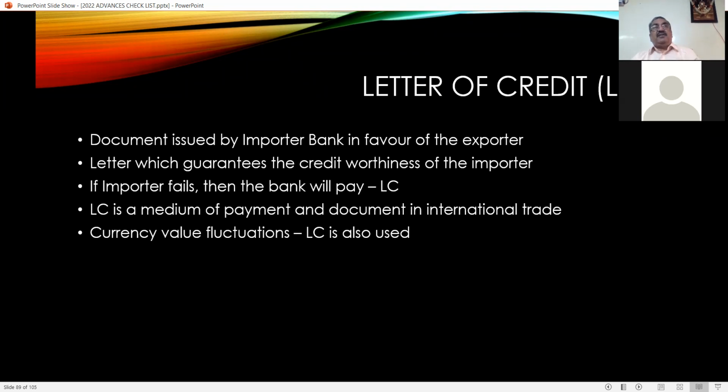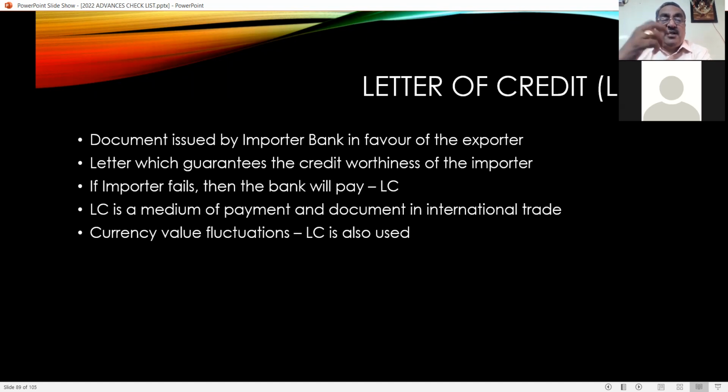Even if the LC is for 20 crores, they take only some 1% or 0.25% commission per month. For 6 months, it is 1.5% only. But if you borrow the loan right now, you have to pay interest at the rate of 10%, and for 6 months that works out to almost 5% of the total. So in order to have this payment benefit, they issue the LC.